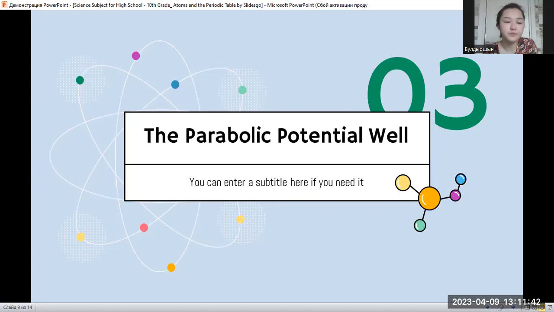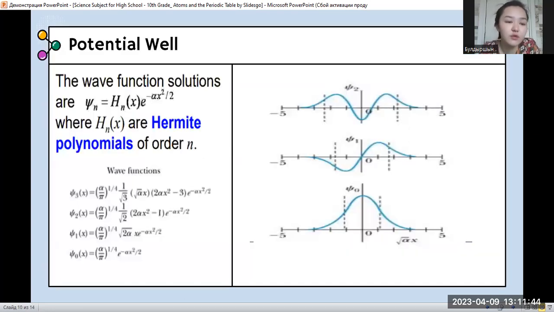The next is the parabolic potential well. The wave function solutions are psi n equals the formulation we see here, where H n is a Hermite polynomial of order n. The next formulation is the wave functions.